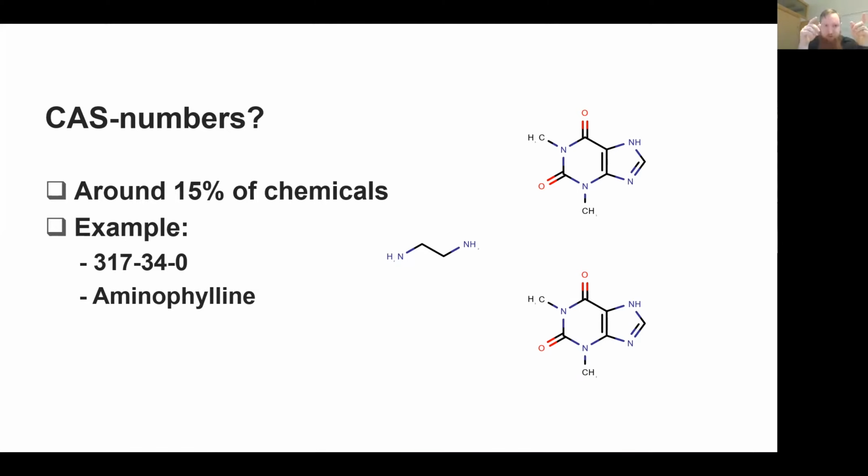So if you look, for example, at the compound 317-34O, that's the cost number, that's immunophilin. 1 mole of that compound actually contains 2 moles of that compound that you see on the right-hand side of the figure, and 1 mole of the compound that you see in the middle of the figure here.